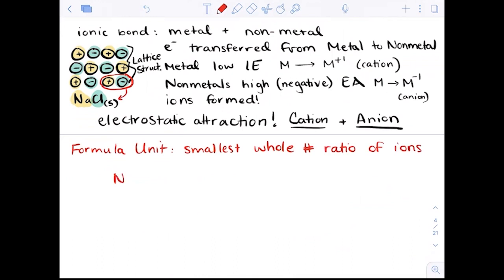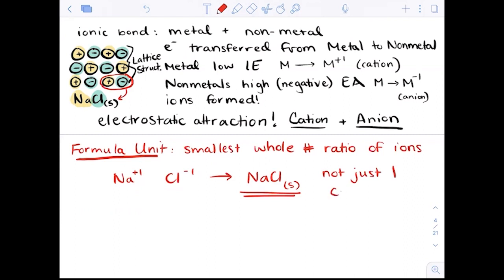So when I think about a sodium +1 and a chlorine -1, yes, they make sodium chloride. There is my formula. It's going to be called a formula unit because in reality, it's not just one cation and one anion.